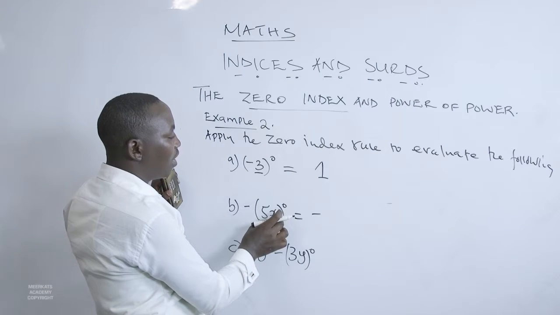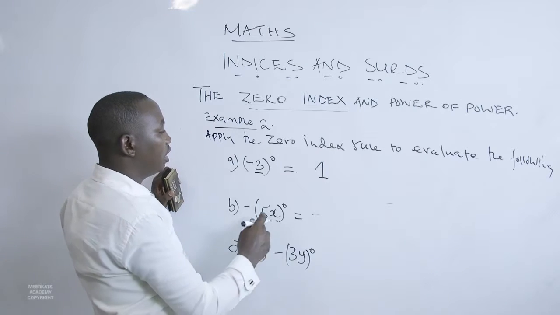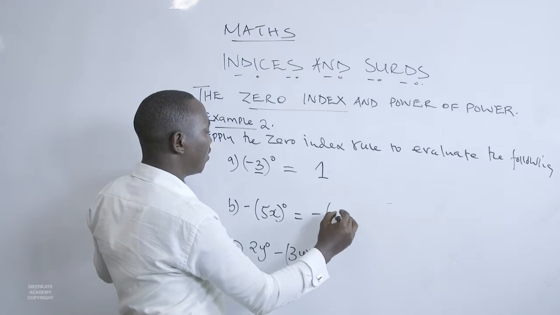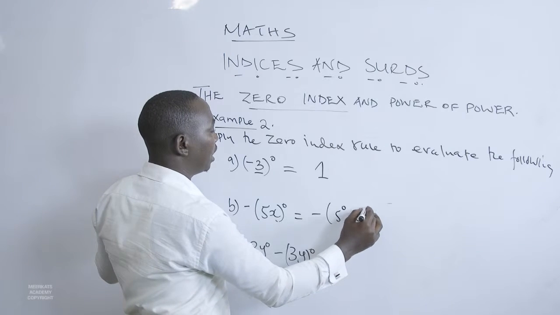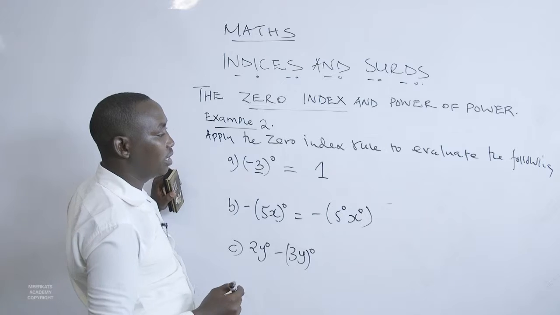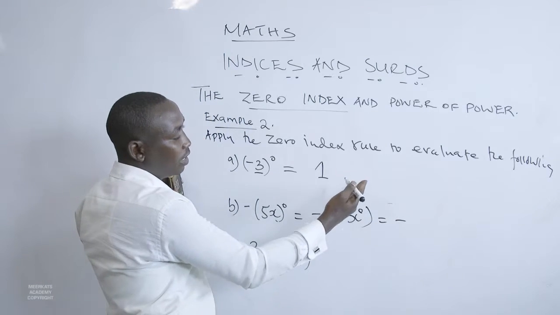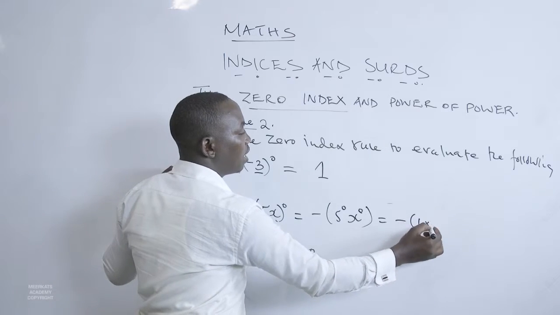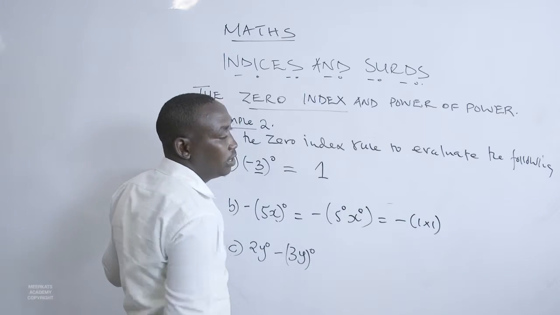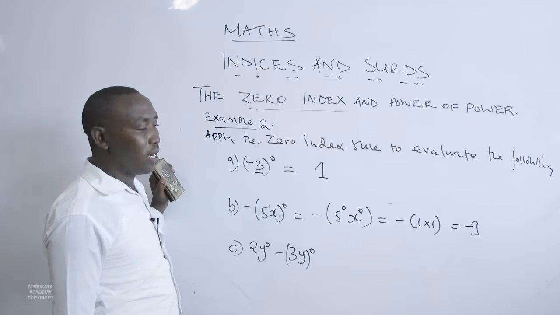Then we have 5x, the whole of it raised to the power of 0. So this means we are going to have negative, 5 raised to 0, x also raised to 0 when you filter in the power 0. So this will give us the negative of 5 raised to 0 is 1, x raised to 0 is 1. So this will give us negative 1.